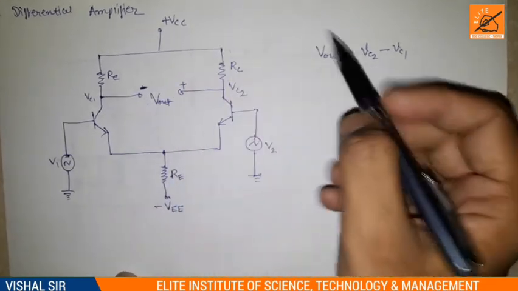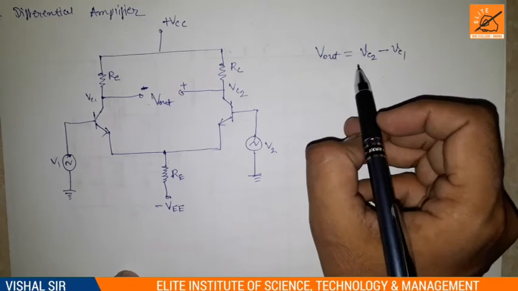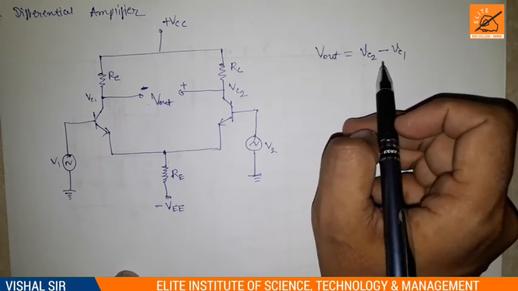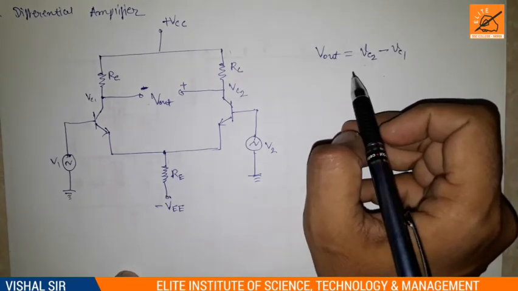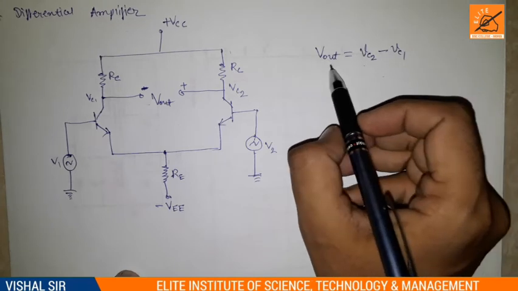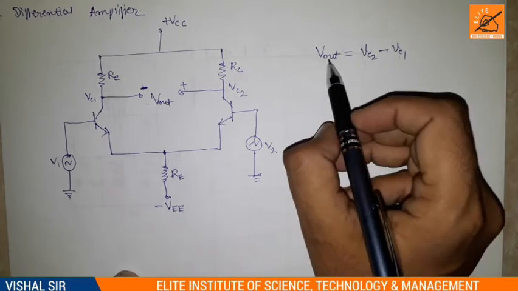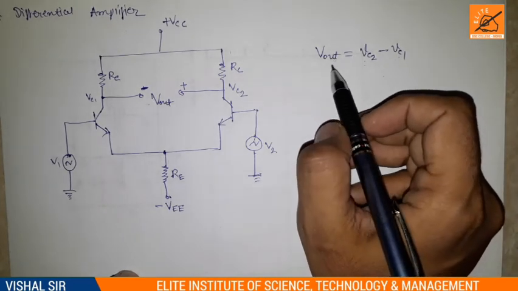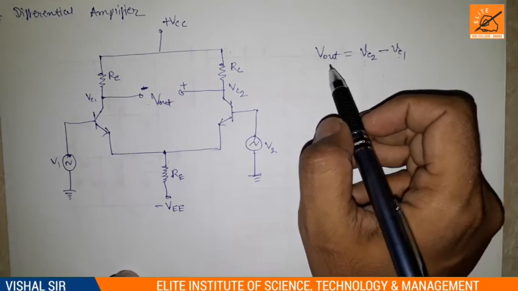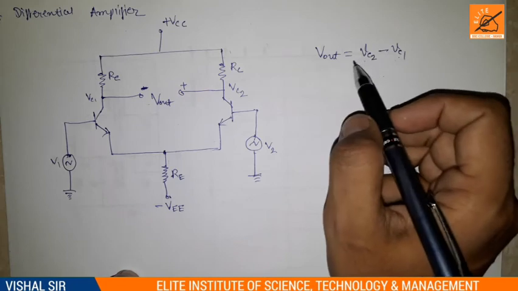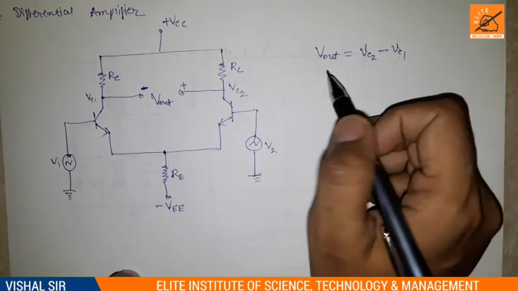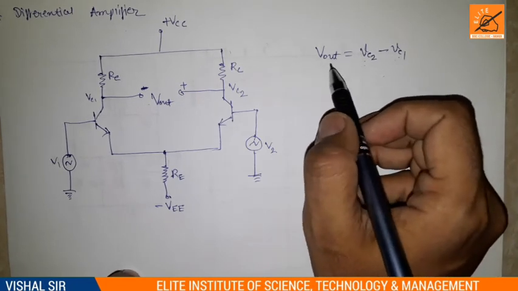So this voltage is called differential output because it combines the two AC collector voltages into one voltage, that equals the difference of collector voltages. Okay, so here we can see from this equation.